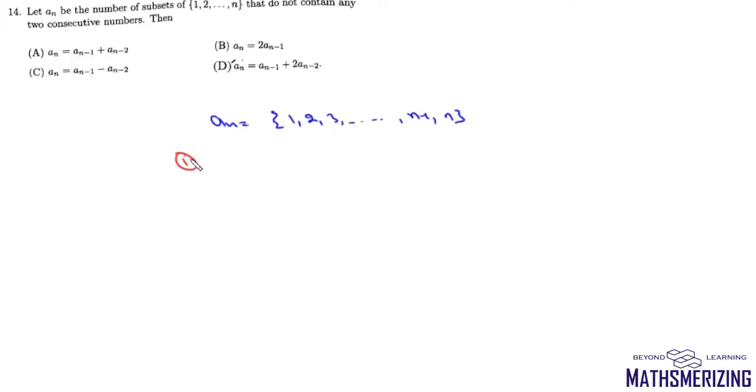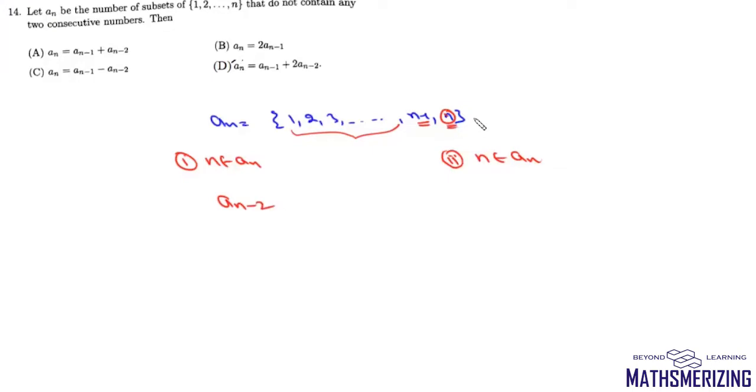Case 1, when n belongs to a n, and second case when n doesn't belong to a n. Now when n belongs to a n, then a n cannot have n minus 1. So that means we'll need to select subsets from these n minus 2 numbers. So then in that case, the number of subsets will be a n minus 2.